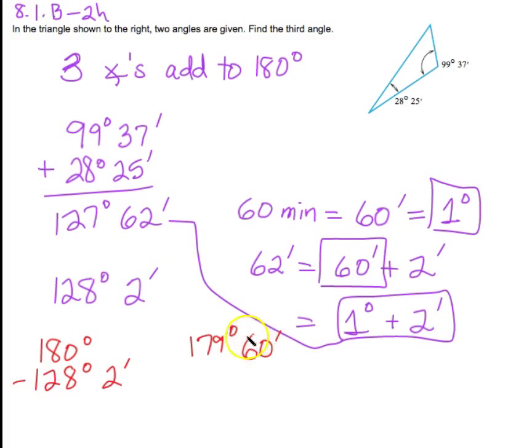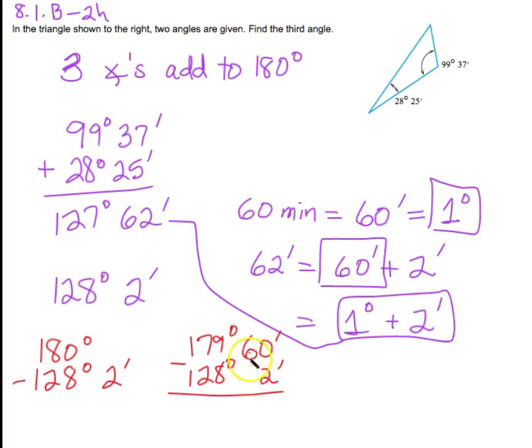Because 60 minutes is the same as 1 degree, if I added 1 to the 179, I would get 180. So I'm rewriting 180 in a different way in terms of degrees and minutes, and that's going to allow me to subtract this 128 degrees 2 minutes from it.